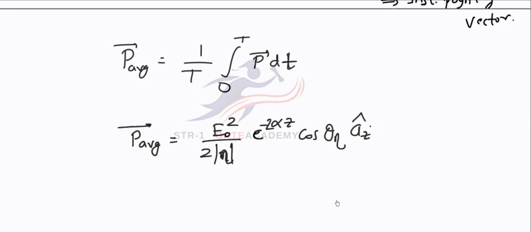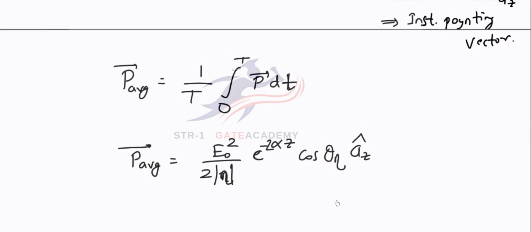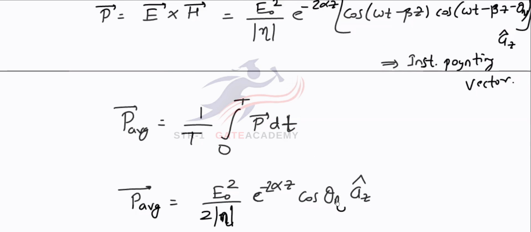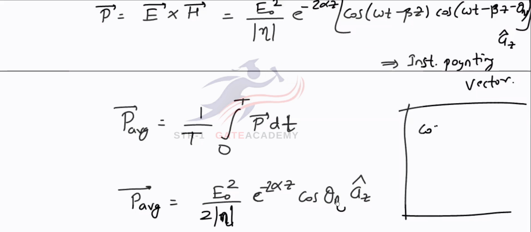If you need help, here is a hint on how to solve this. You expand it: cos A cos B will give you two terms. One term is cos(A plus B), so you get cos(2 omega t minus 2 beta z minus theta eta).